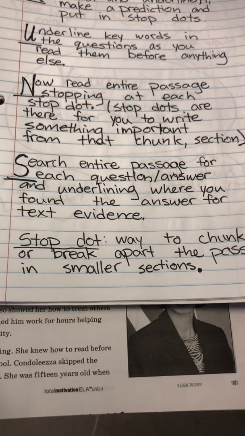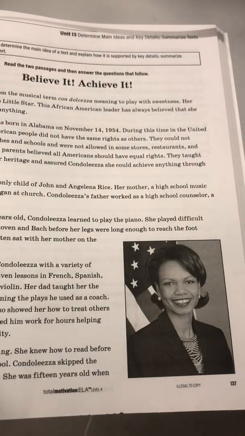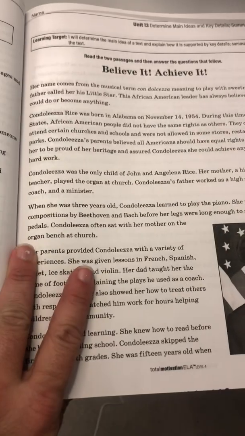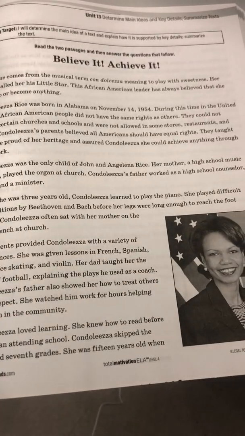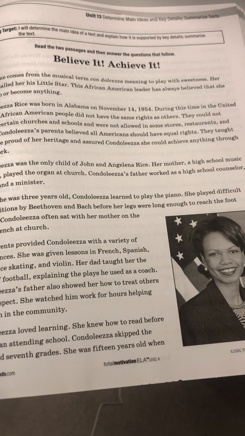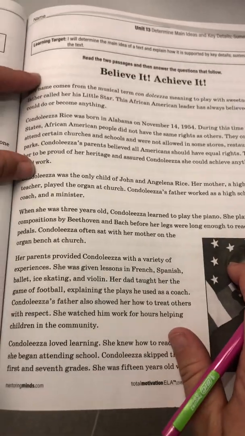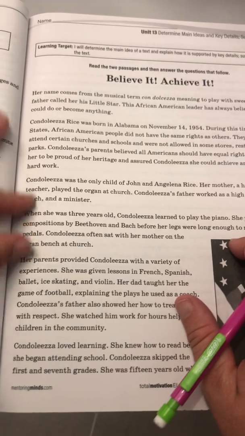Stop dot is just a small section of chunking that you use to make the passage a little bit smaller. What I would probably say is a chunk would probably be about maybe 2 paragraphs.